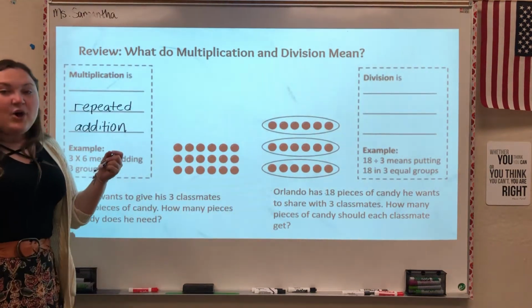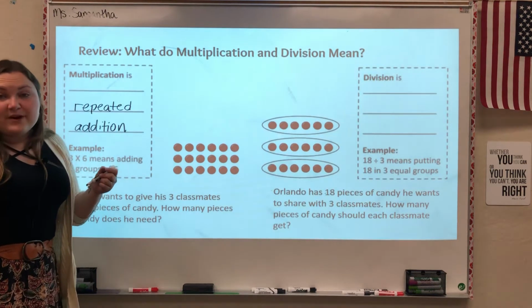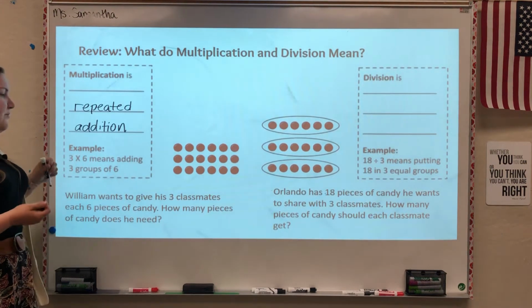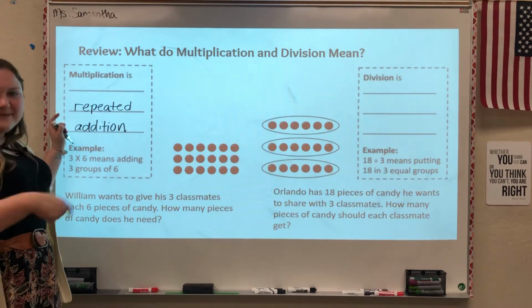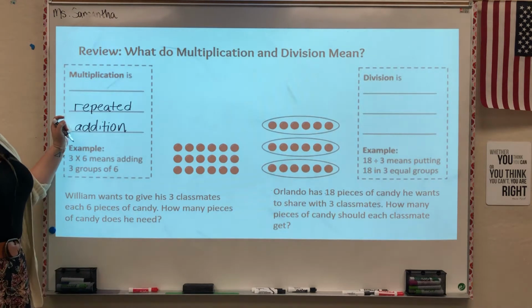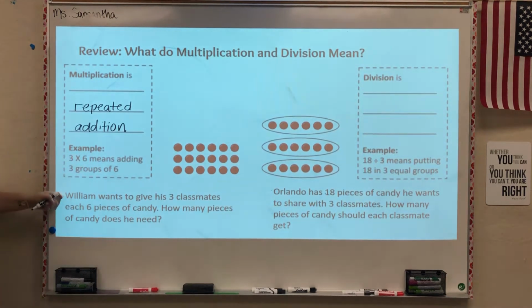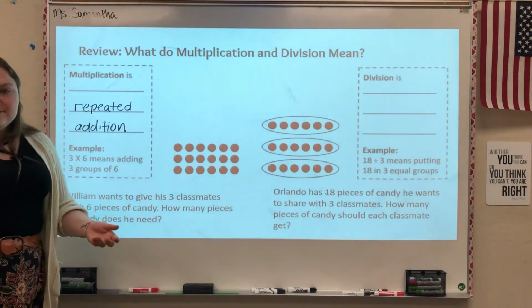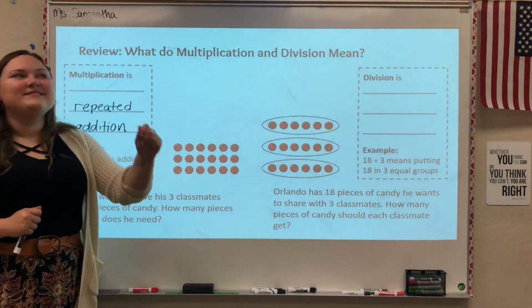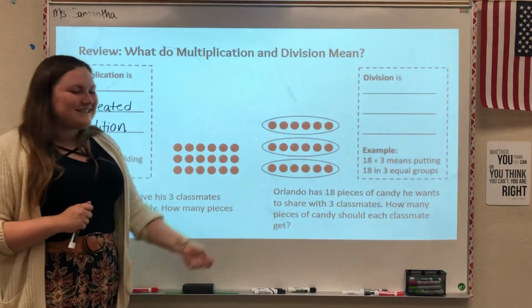Today we're going to be looking at story problems or word problems. So if you're reading a story where you would want to add the same number again and again, that's a clue you're going to want to use multiplication. For example, William wants to give his 3 classmates each 6 pieces of candy. He's giving the first person 6 pieces, the second person 6 pieces, the third person 6 pieces.